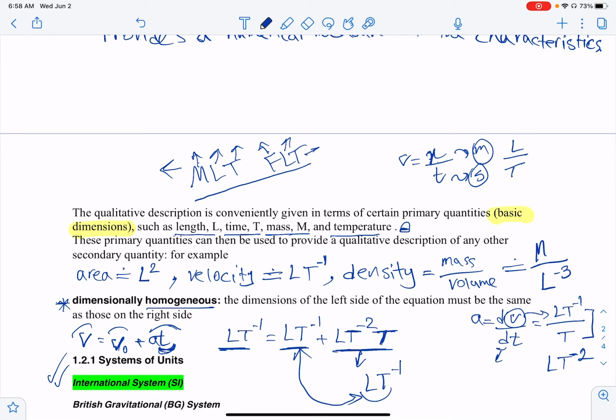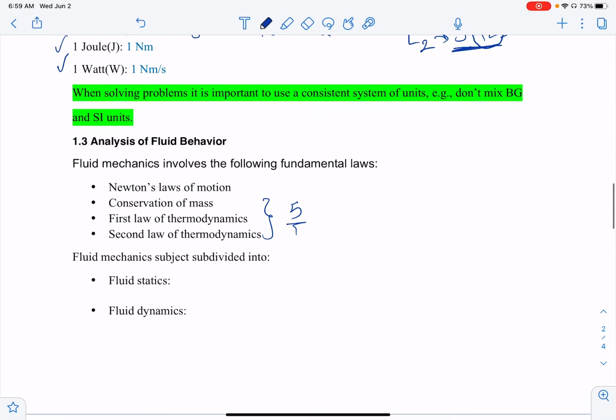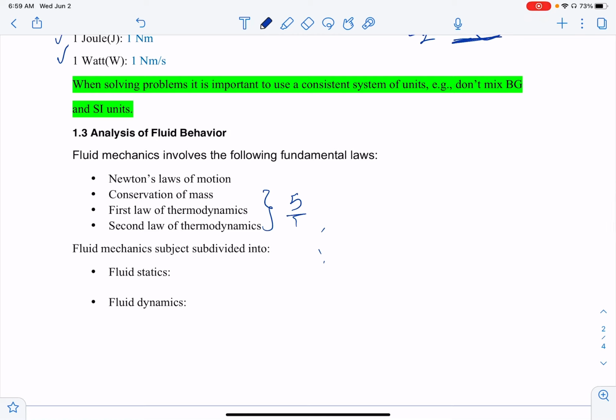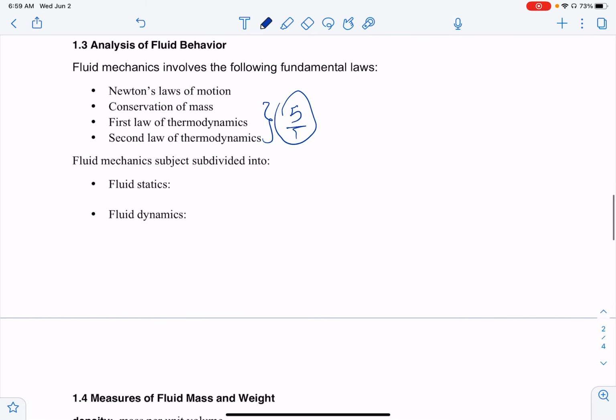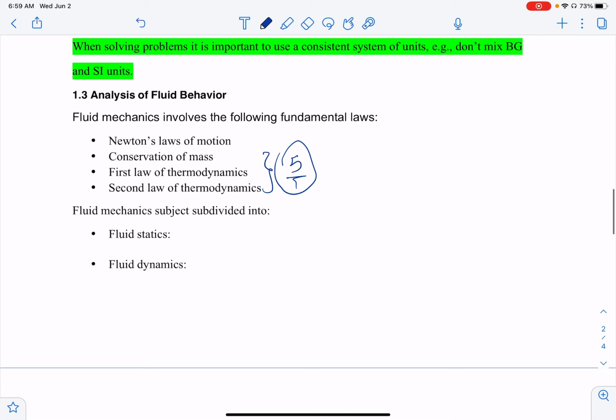I don't know why I said 5. So this is chapter 7, and sorry, this is chapter 5.